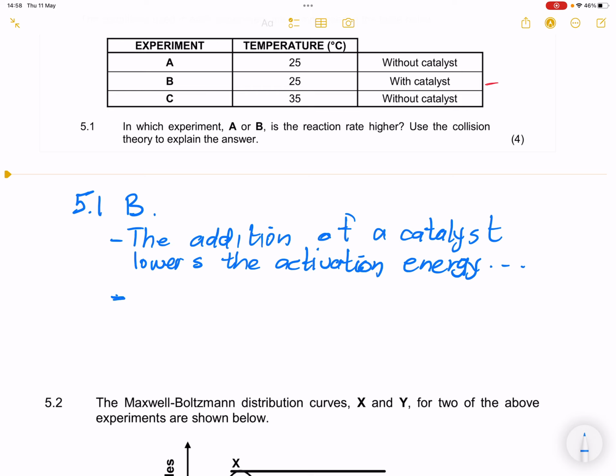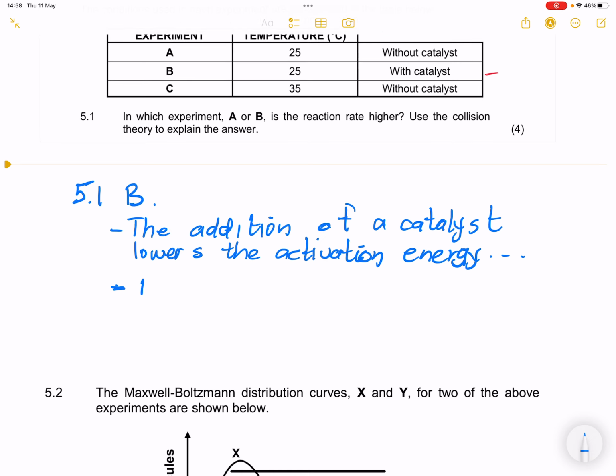Now that we've got lower activation energy, it means that more molecules now possess sufficient kinetic energy.